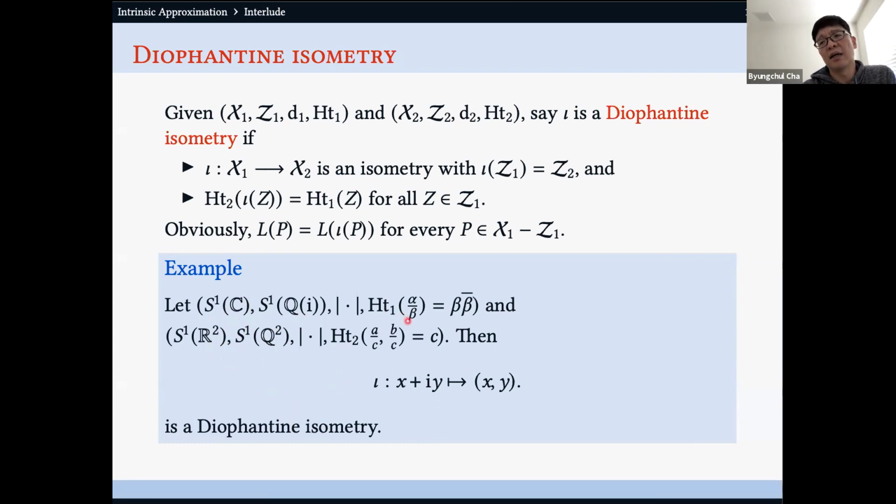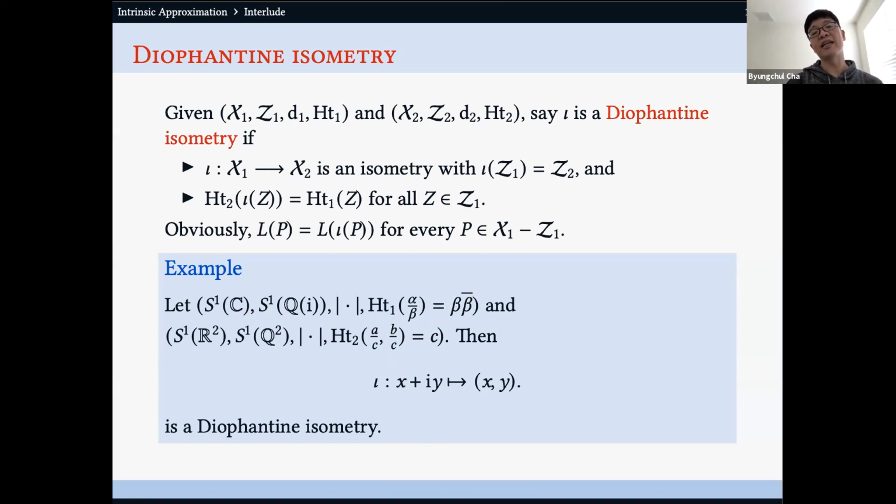And then this is a little number theory exercise: the height of A over C, comma B over C, which is how we fixed our height for all the spheres, actually matches the height in the S1 case, in the case of complex numbers, where we define height to be the square of the bottom, B times B conjugate. These two heights match if you define your map in the most obvious way. Then this is Diophantine isometry.